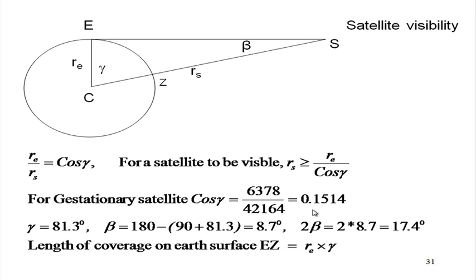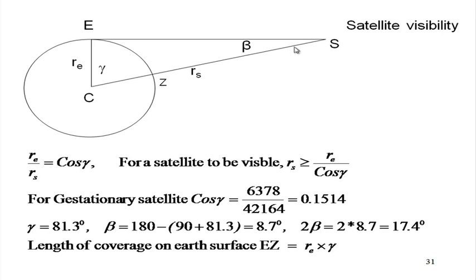In the case of a geostationary satellite, cos gamma is equal to RE by RS. Put in the numbers and you will get 0.1514, and from that gamma is equal to 81.3 degrees. The angle from which the satellite sees the earth is 90 minus 81.3, which is 8.7 degrees. Double of that is 17.4 degrees.